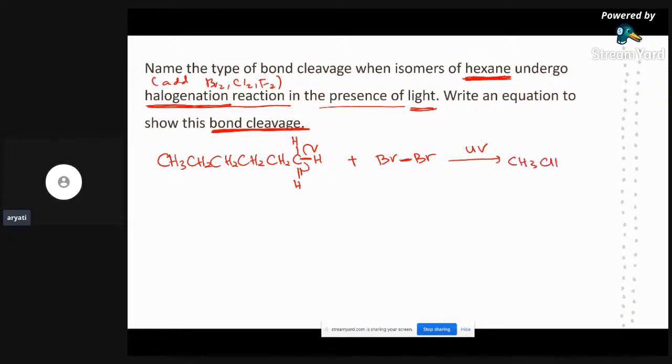CH3, CH2, CH2, CH2, CH2, CH3, hilang satu jadi CH2. So jadi free radical ni pada carbon sebab carbon tarik satu elektron. Plus H akan jadi free radical, dia akan attach pada Br, jadi HBr.